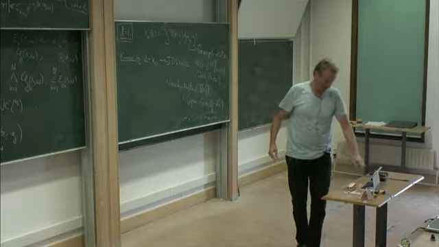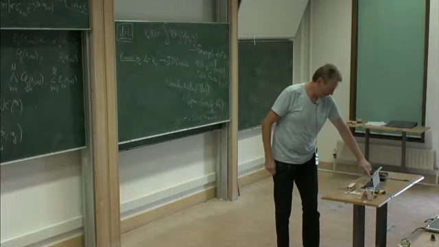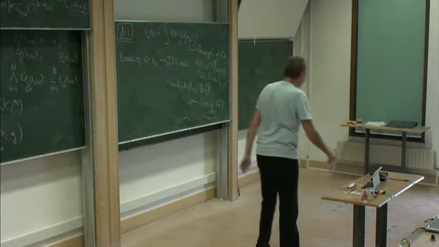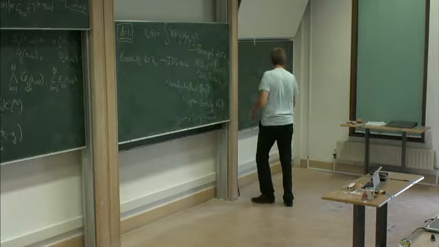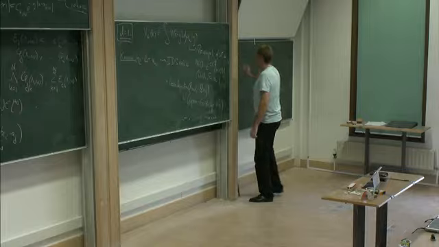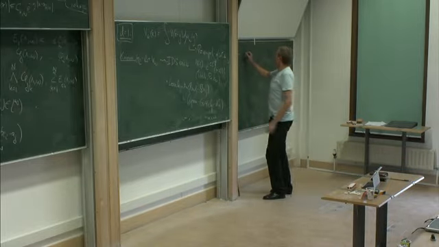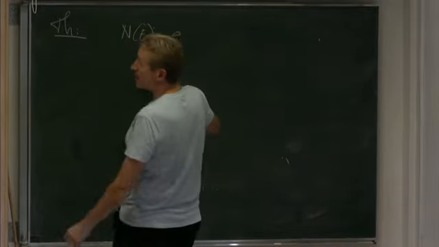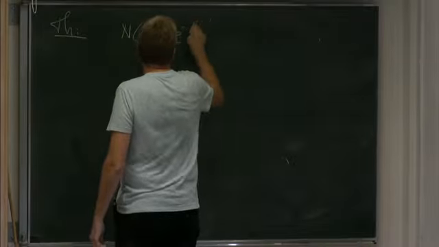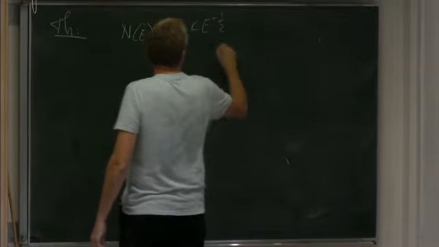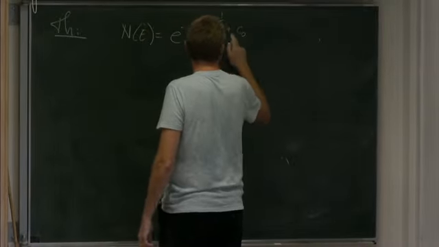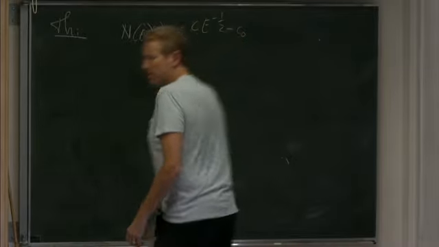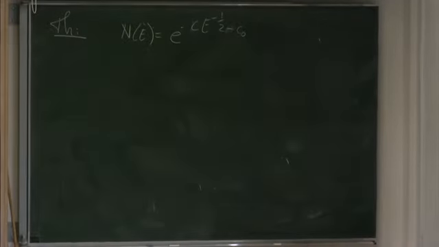Okay. So now the first two things I want to do is I want to present two results on this operator. This is a one-dimensional theorem. N of E can be written as e to the minus c, plus c. Actually, I think it's a minus here. C0 is going to be positive.